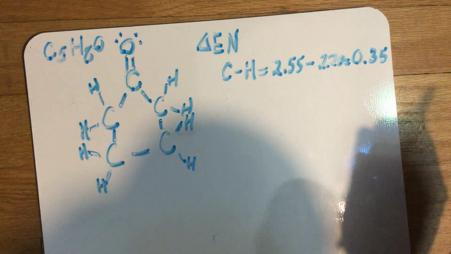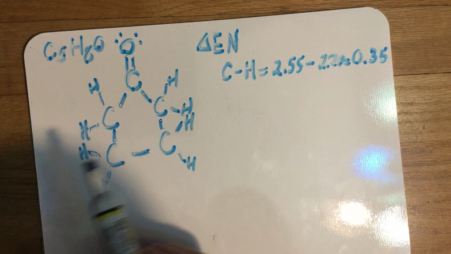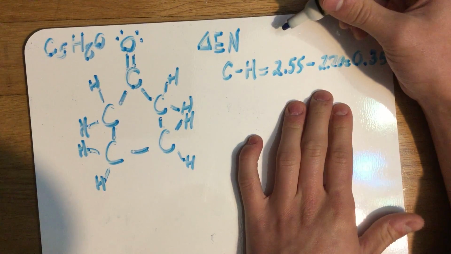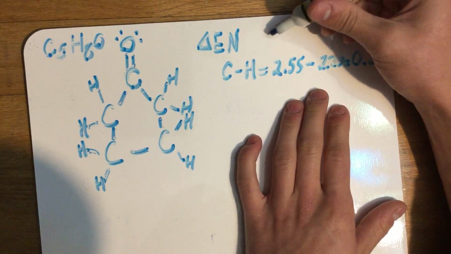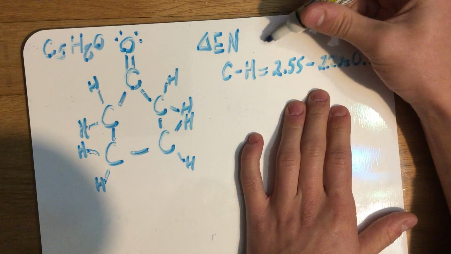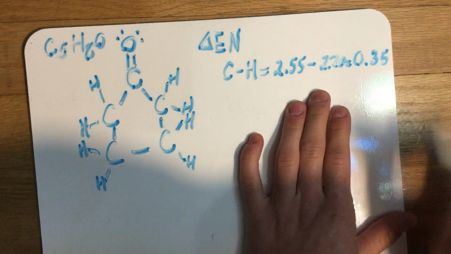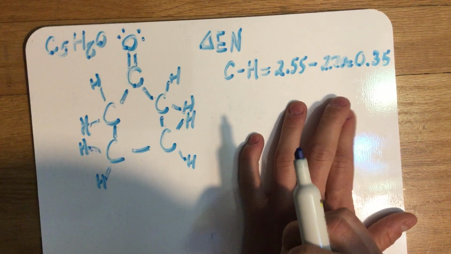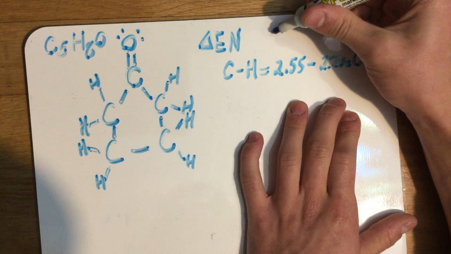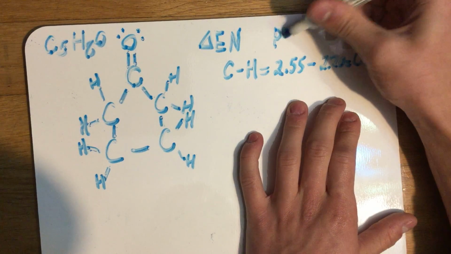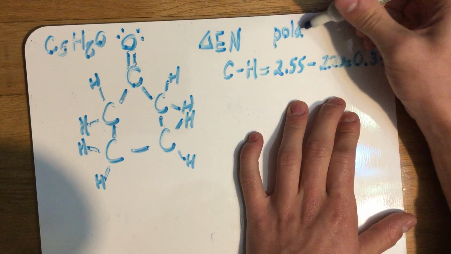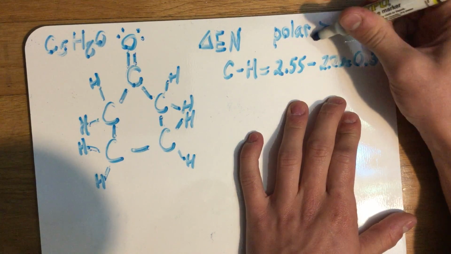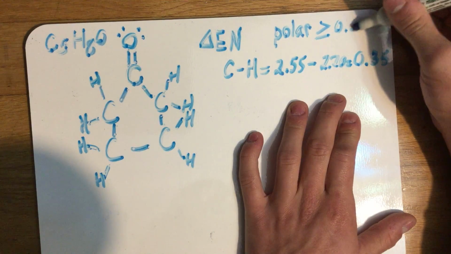Now to determine if it is polar or nonpolar, you just kind of have to know this. For something to be polar, it has to be greater than or equal to 0.5.